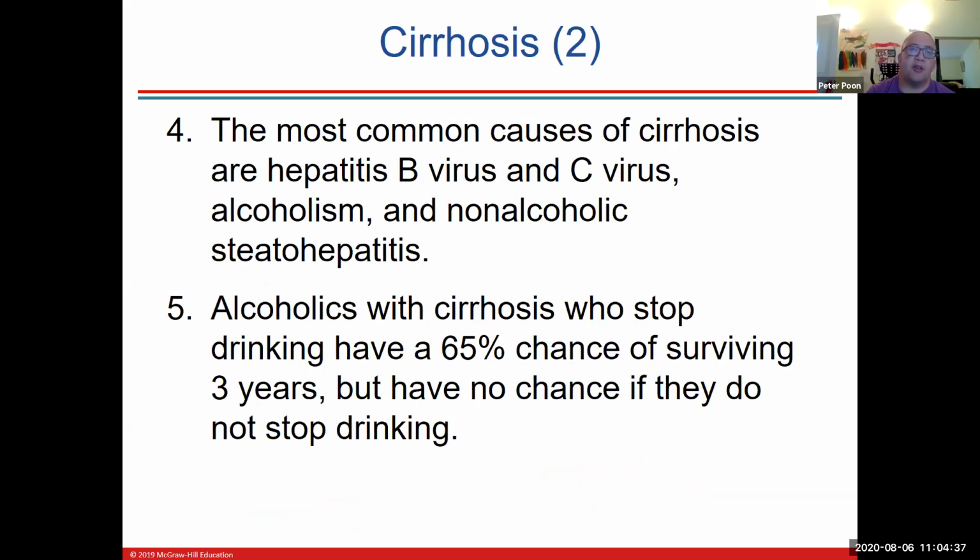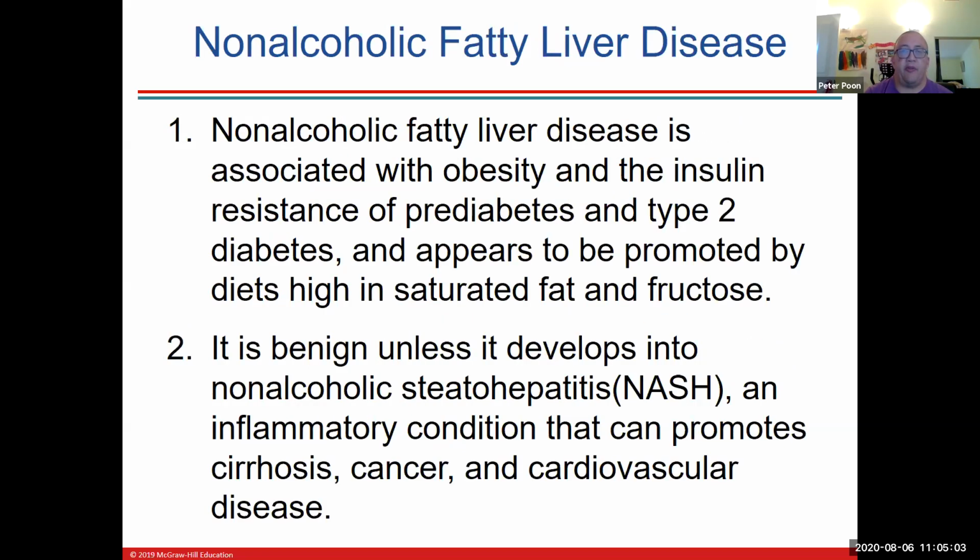Most common causes of cirrhosis are hepatitis B and C, and non-alcoholic steatohepatitis, which is fatty liver. If you have cirrhosis, there's a 65% chance of surviving in 3 years, but there's no chance if you don't stop drinking because your liver is fatally important.